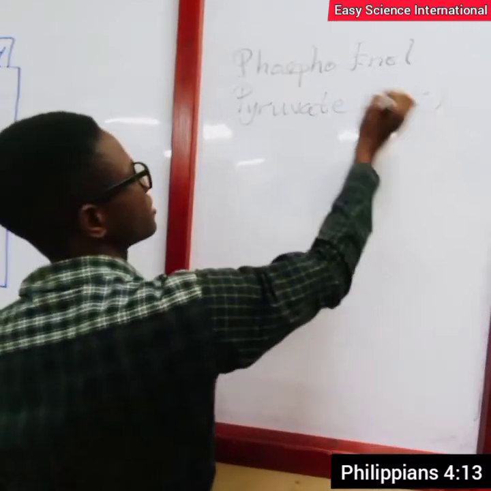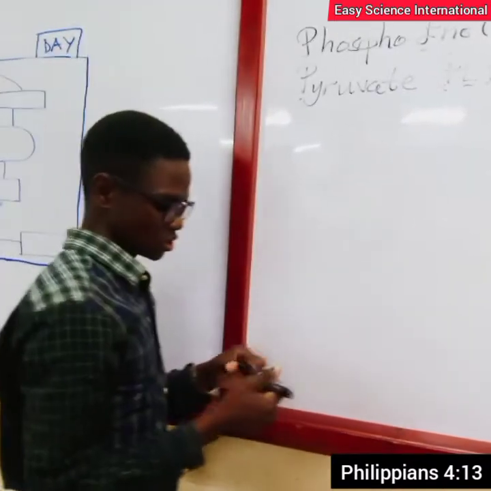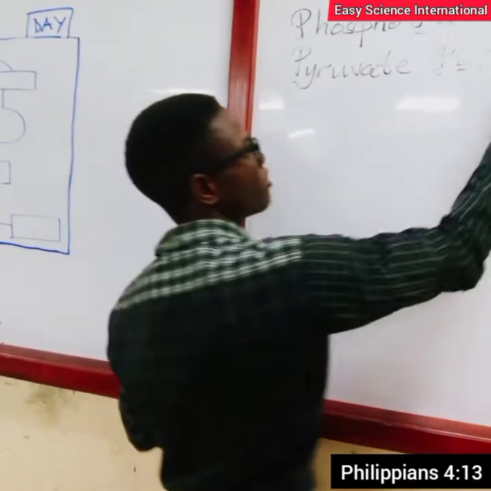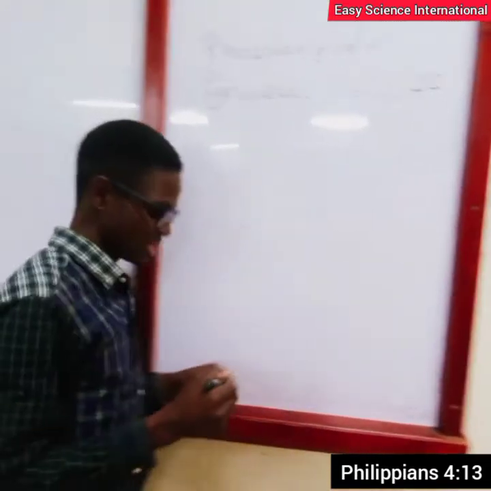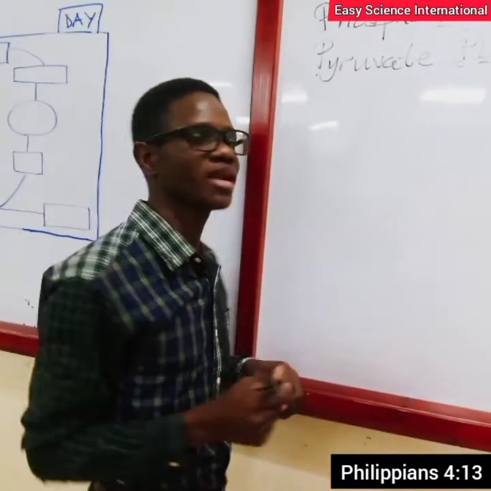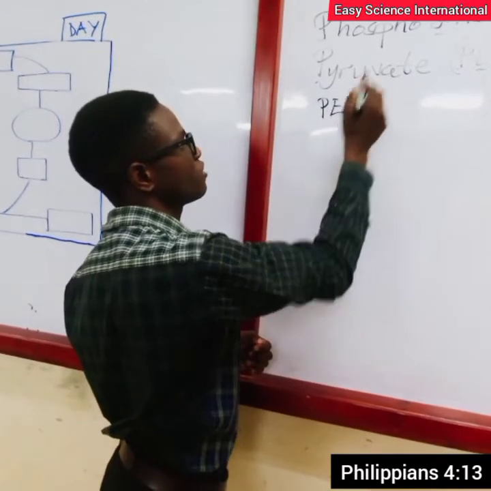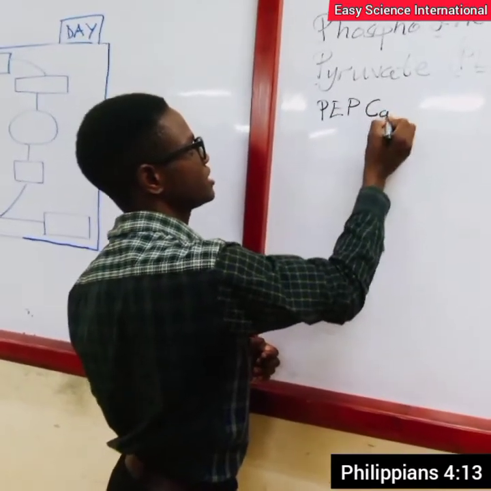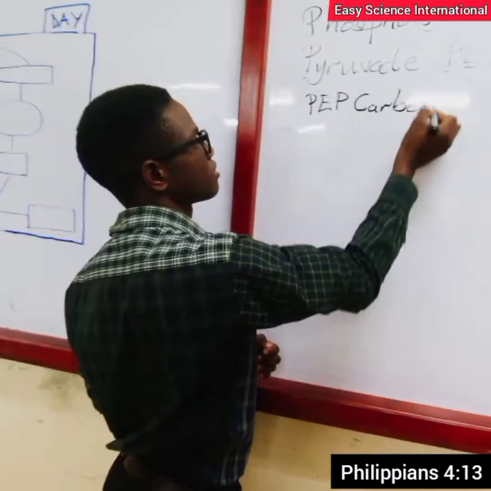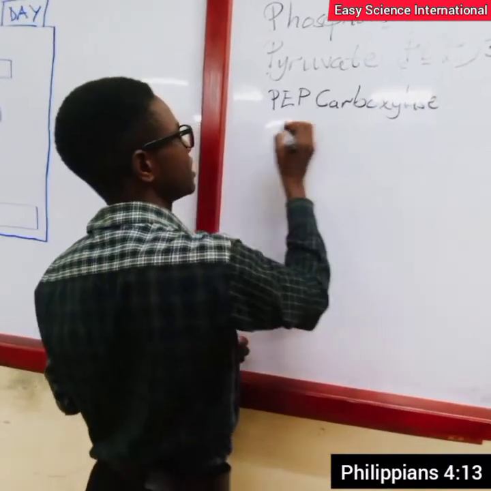P for P, E for E, and P for this. So this is a three-carbon compound, and this reaction is catalyzed by an enzyme known as PEP carboxylase oxygenase.